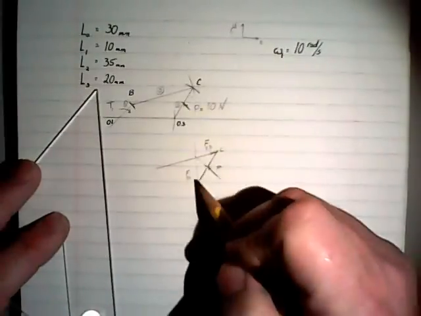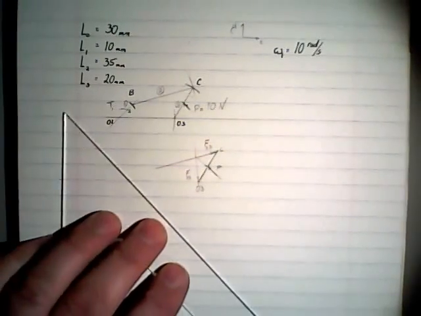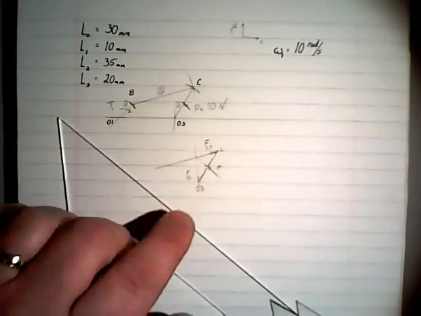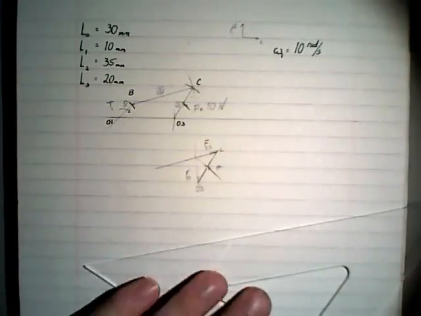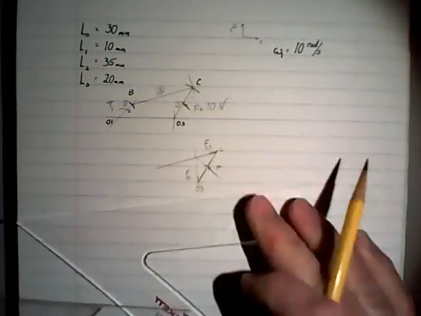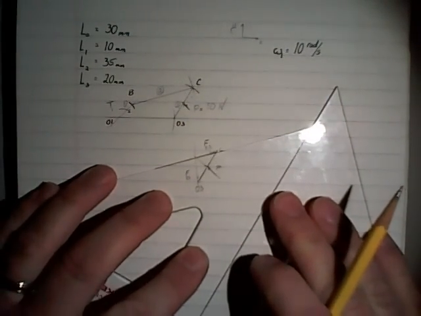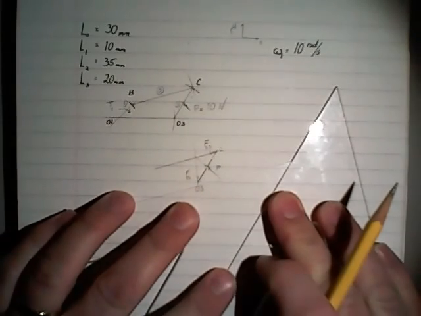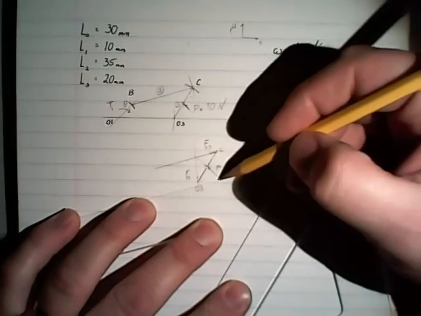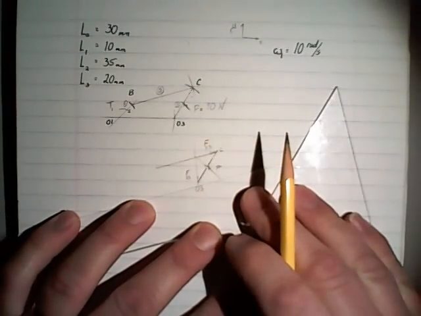So, what I can do now is a vector addition. I have this force P drawn to scale. So, I can set up, again using the triangles to transfer things that they're parallel, just a little further.